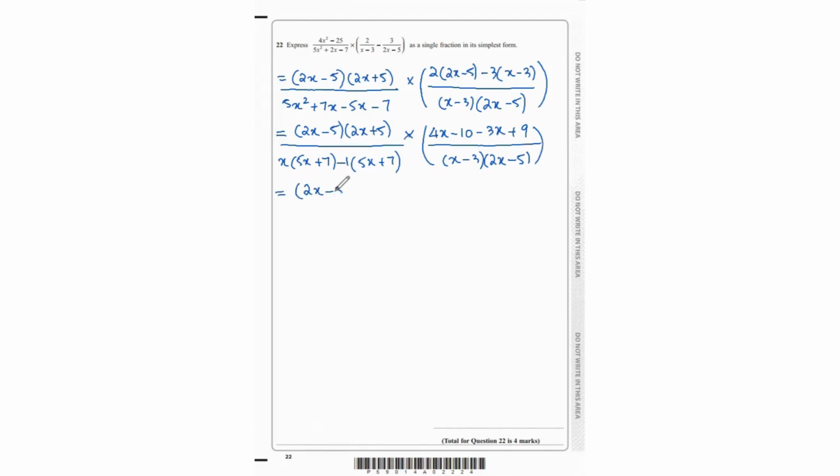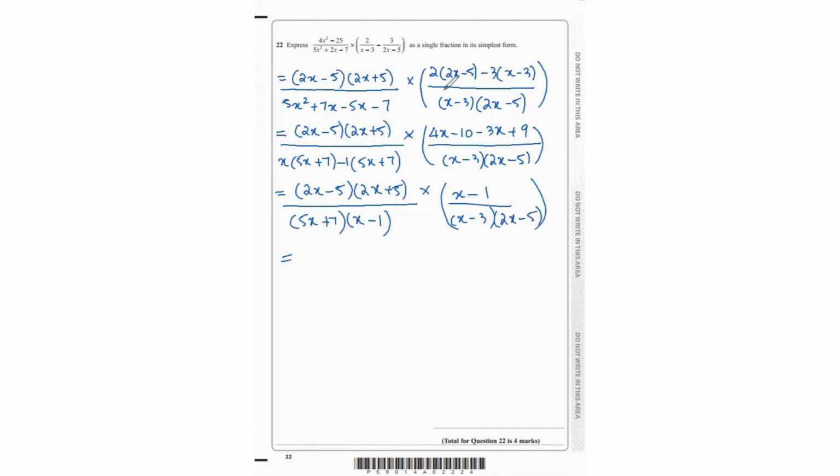So (2x - 5)(2x + 5) over (5x + 7)(x - 1). 4x minus 3x is x. Negative 10 plus 9 is minus 1, over (x - 3)(2x - 5).